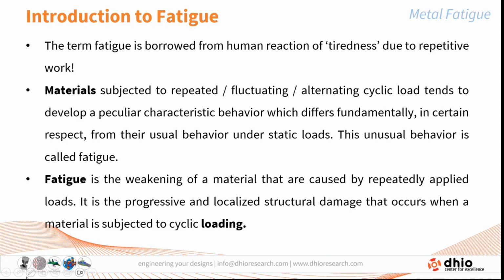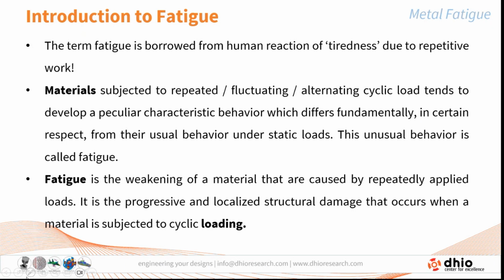We also define an alternating cycle. That means the magnitude of the loading in both senses has the same value. Initially it starts from 0, goes to a tensile load of 20 Newtons, and again comes back to a compressive load of 20 Newton and back to 0.